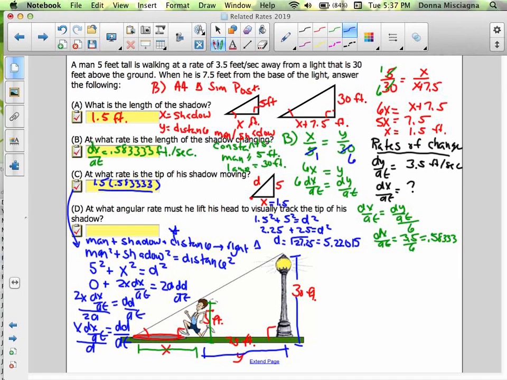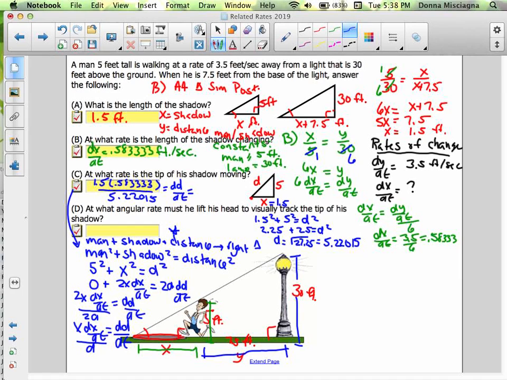If we don't get a decimal equivalent, it's going to be really hard to combine anything. So now we have 1.5 times 0.5833333, divided by 5.22015, and that's going to give us dd/dt, which is what we're looking for.